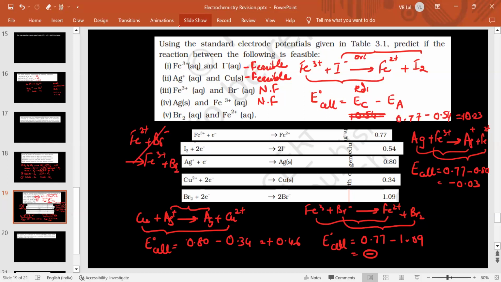Okay, so the reaction will be Fe2 plus plus Br2 will give Fe3 plus and 2Br minus.